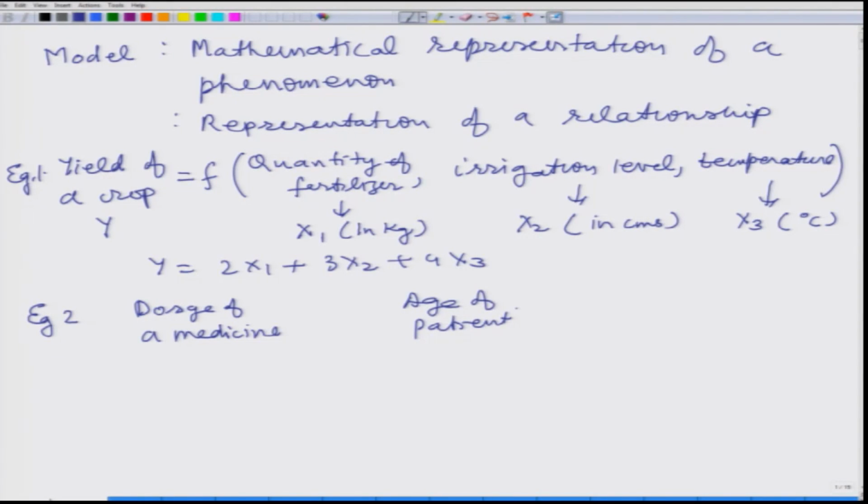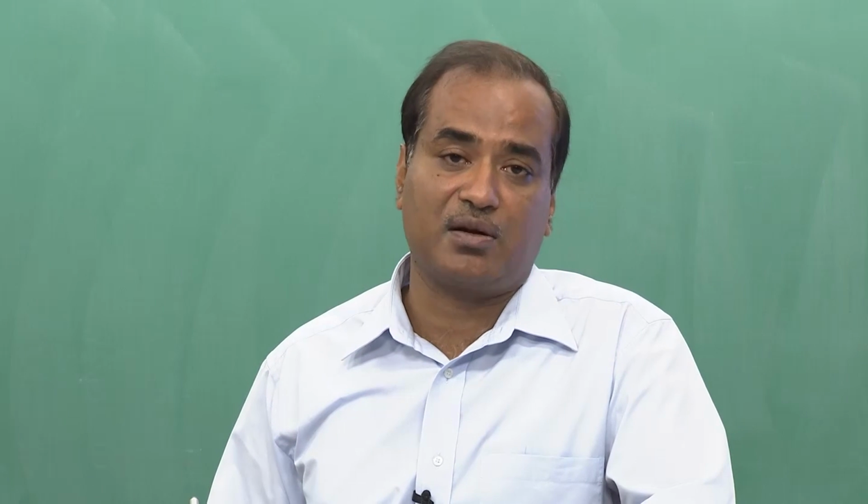Second can be his health conditions, which can be determined by different variables like blood pressure, blood sugar, or some other variable. Let us assume for a while that the dose of a medicine depends on the age of the patient and blood pressure, and when we find a functional or mathematical relationship between the dose and these, then this will be a sort of mathematical model, right?